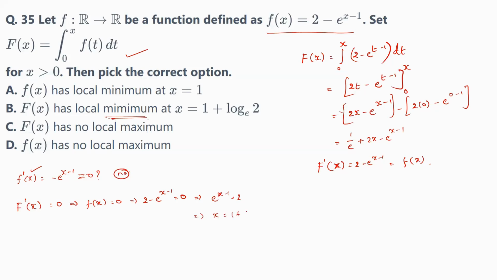X is 1 plus log 2 to the base e. Now, there is an extremum at this point. We want to check whether it is a local minimum or a local maximum. How do we do that? We do that by finding the double derivative of x, and also see that x is more than 0. So it is defined.